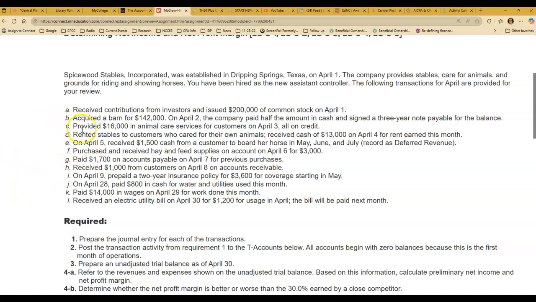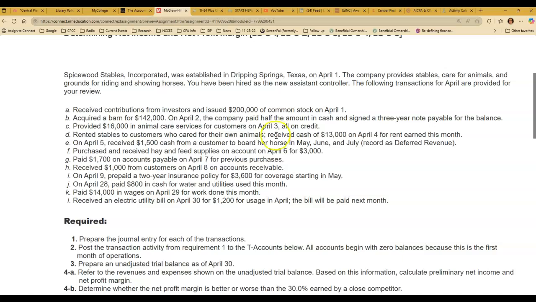So in this one, it says we rented stables to customers, so that's one of the things that we do, who cared for their own animals. Apparently we've got two options when we rent a stable: you rent the stable and we provide animal care, or you rent the stable and you provide animal care. Maybe you don't like our veterinarian, maybe you want somebody else's.